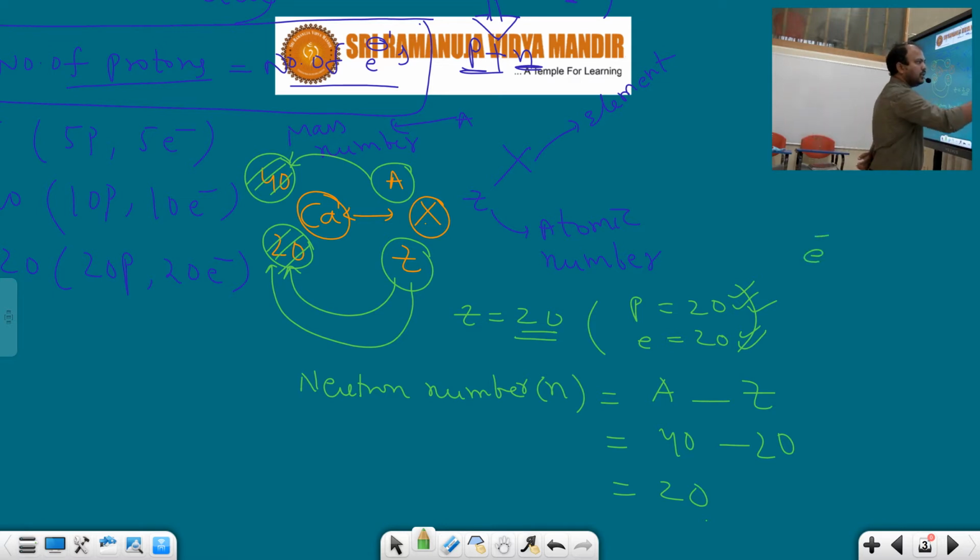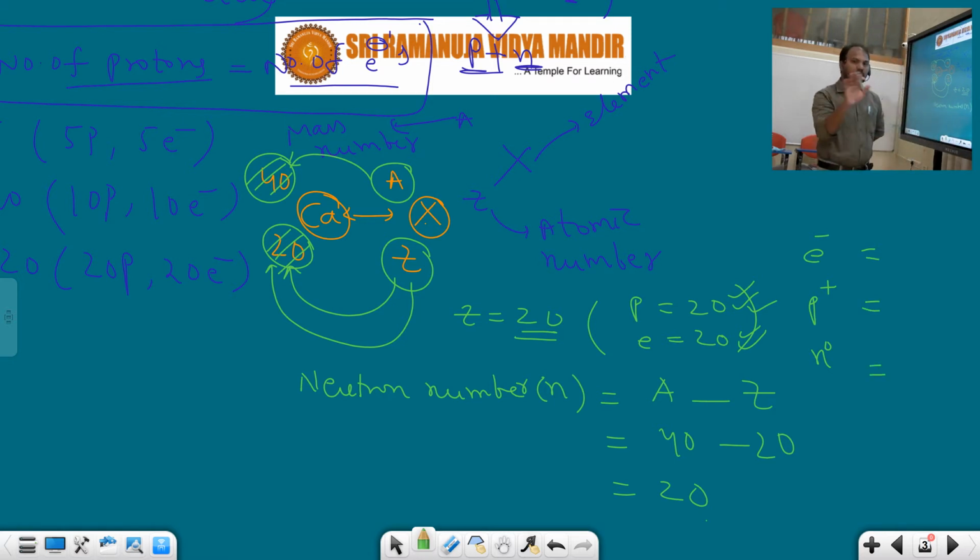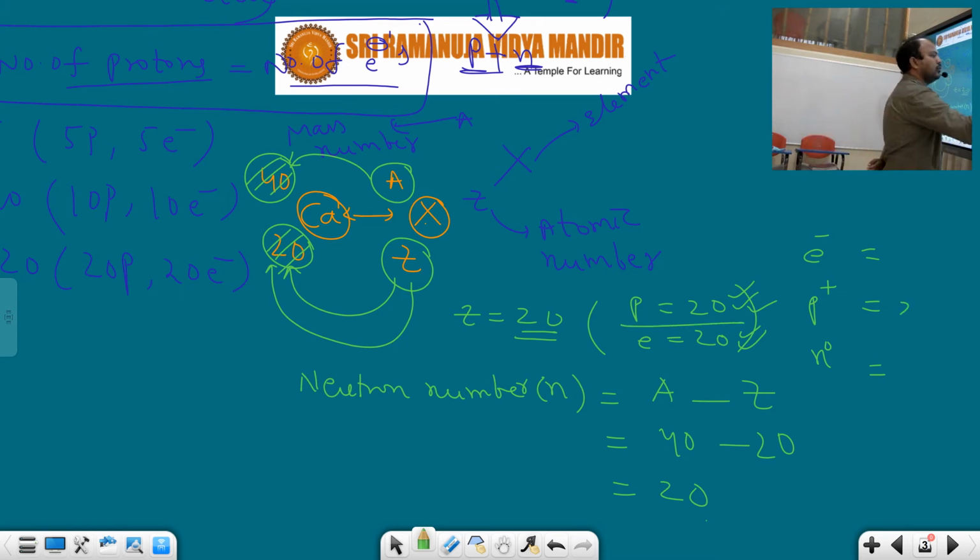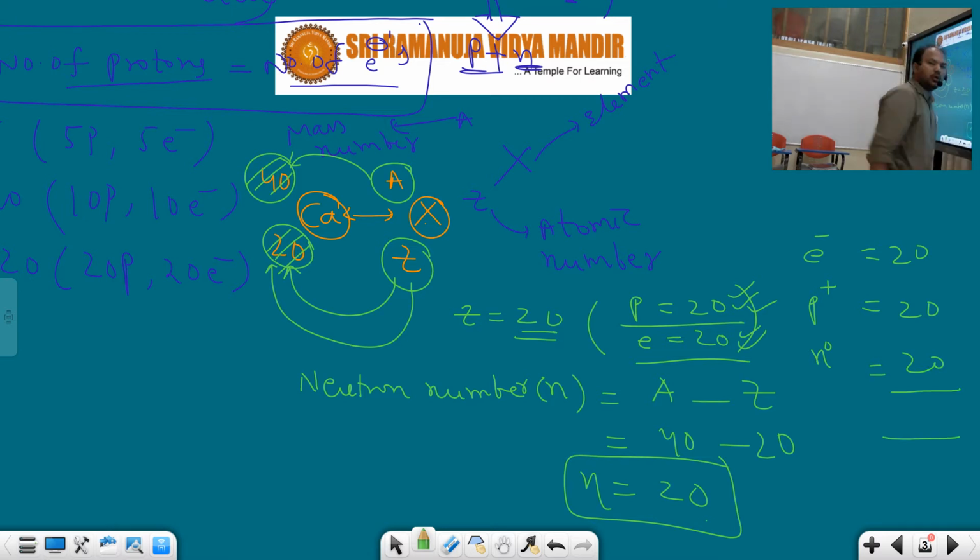So how many fundamental particles are there? Fundamental particles means electrons, protons, neutrons. Electron is a negatively charged particle, proton is a positively charged particle, neutron is neither positive nor negative, that means zero charge. Here protons are 20, electrons 20, neutrons 20. The total number of fundamental particles, or subatomic particles, of an atom is 60.